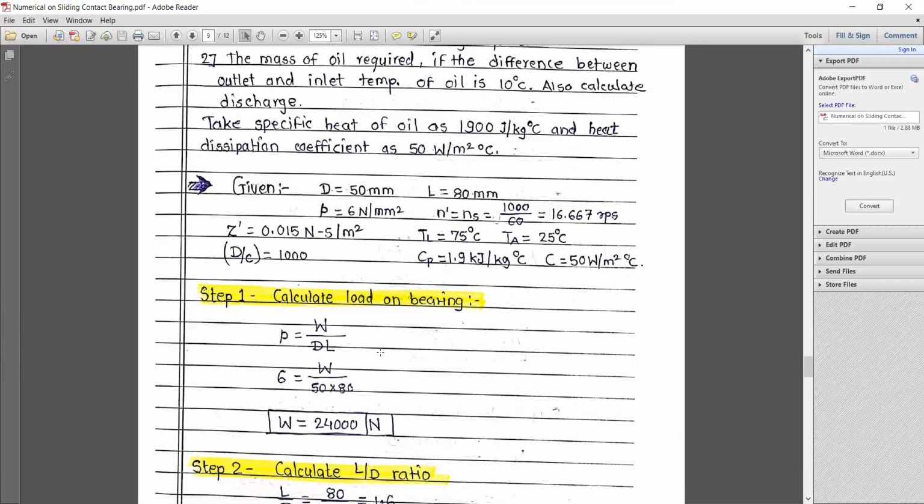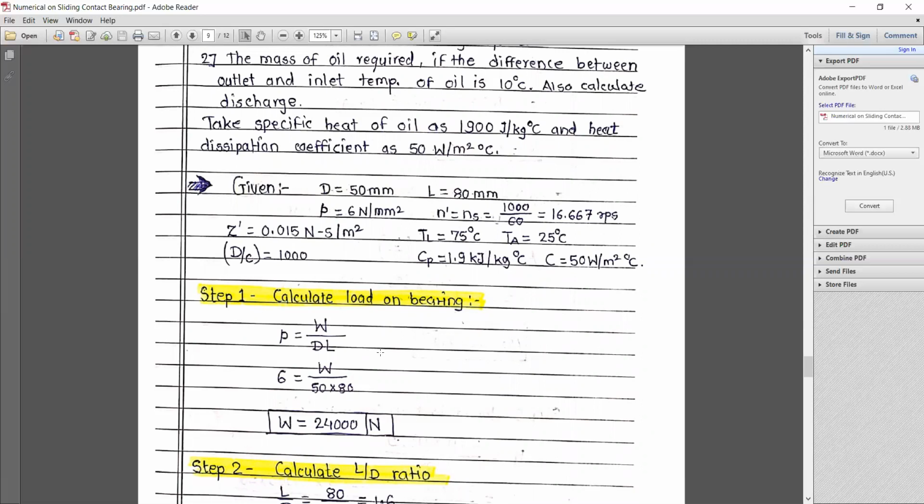First of all, write down the given parameters. Diameter is 50 mm, length 80 mm, then bearing pressure 6 Newton per mm square. Speed in RPS we have converted, that is 16.667 RPS. Z value, absolute viscosity, is 0.015 Newton second per meter square.